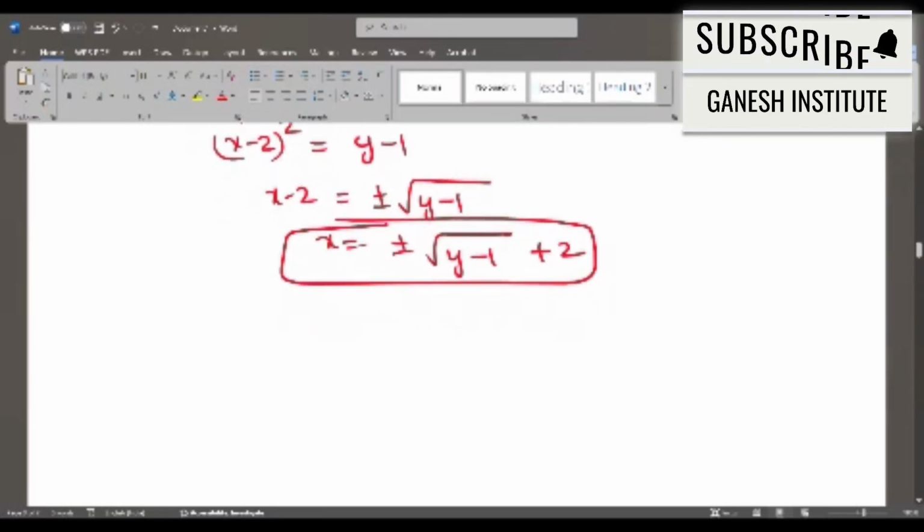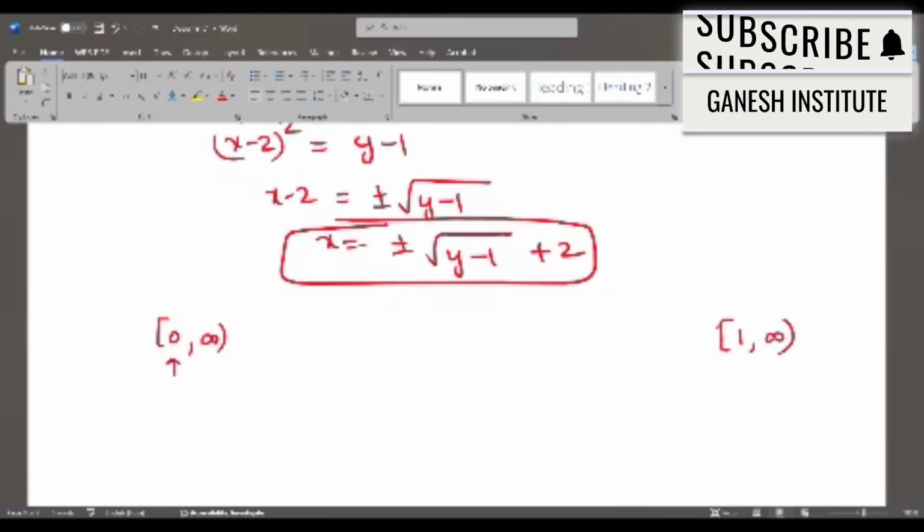Now, because they have defined x starting from 0 to infinity, and we have to prove that the y value lies from 1 to infinity, if you want to see where it is not defined, y minus 1 under the root should be greater than or equal to 0. The range is this way, right?